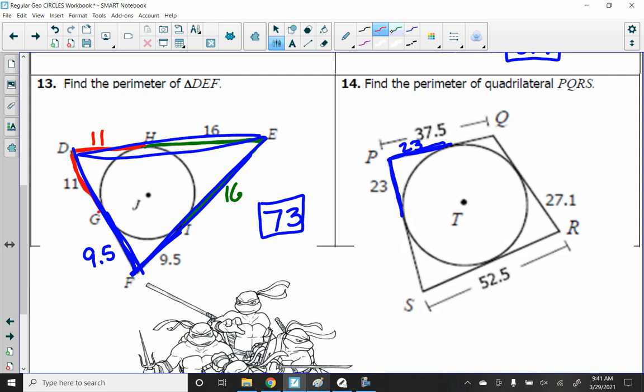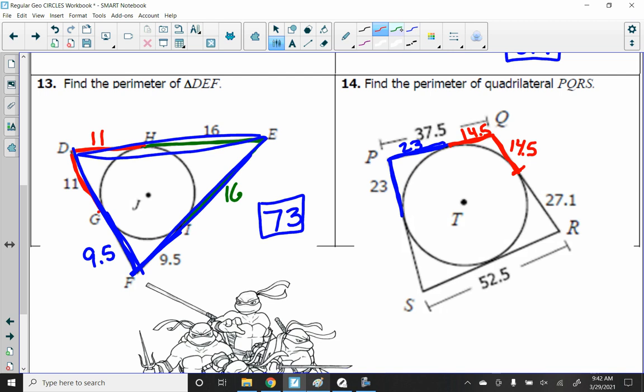And now I have to find this portion of the 37.5. So that is 37.5 minus 23, and you should get 14.5 for this little piece. What does that mean? This portion is 14.5.